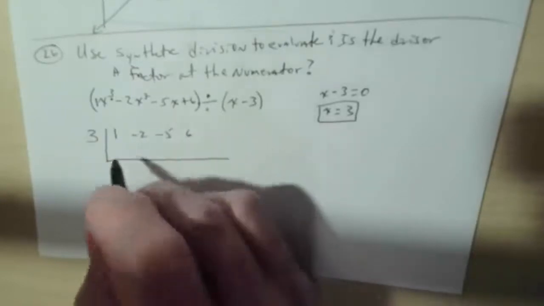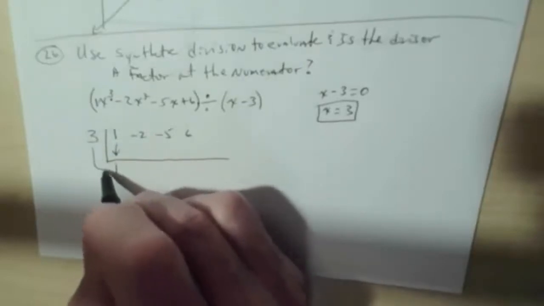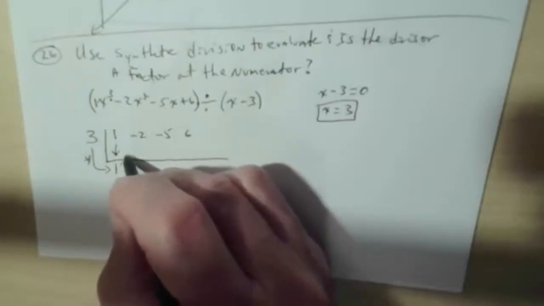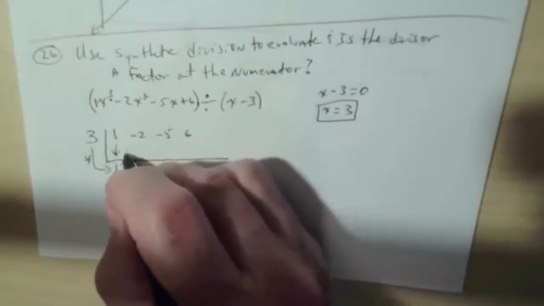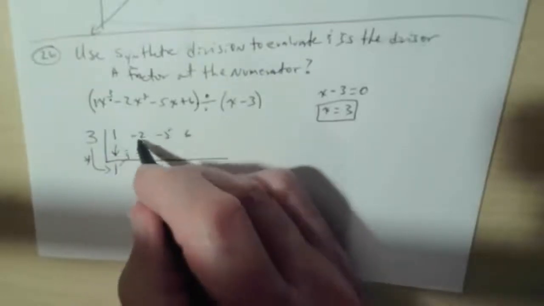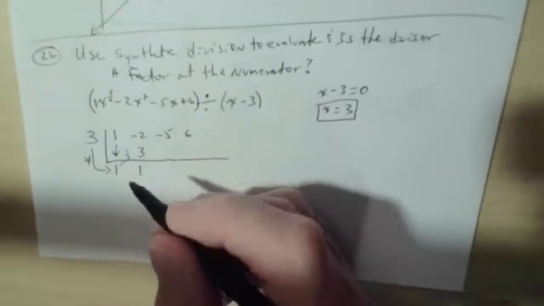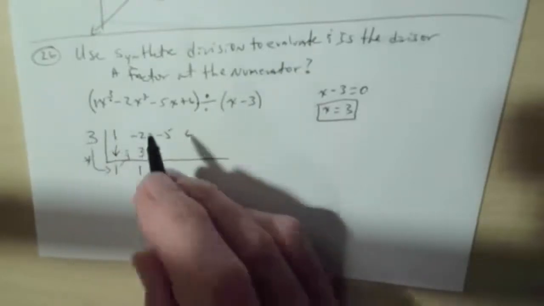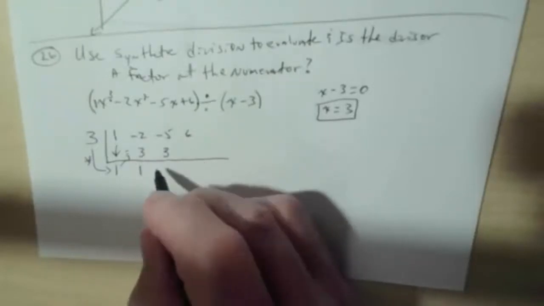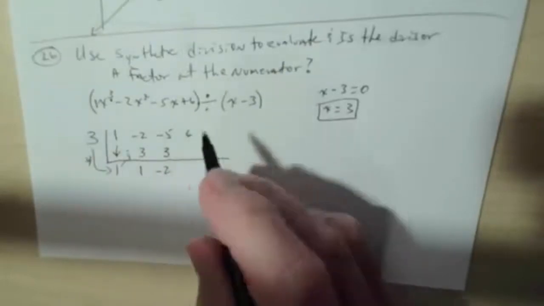And we bring down the 1, and we do 3 times 1 equals 3. Now we add these together. 3 minus 2 is 1. Same thing. 3 times 1 is 3. 3 minus 5 is -2. 3 times -2 is -6.